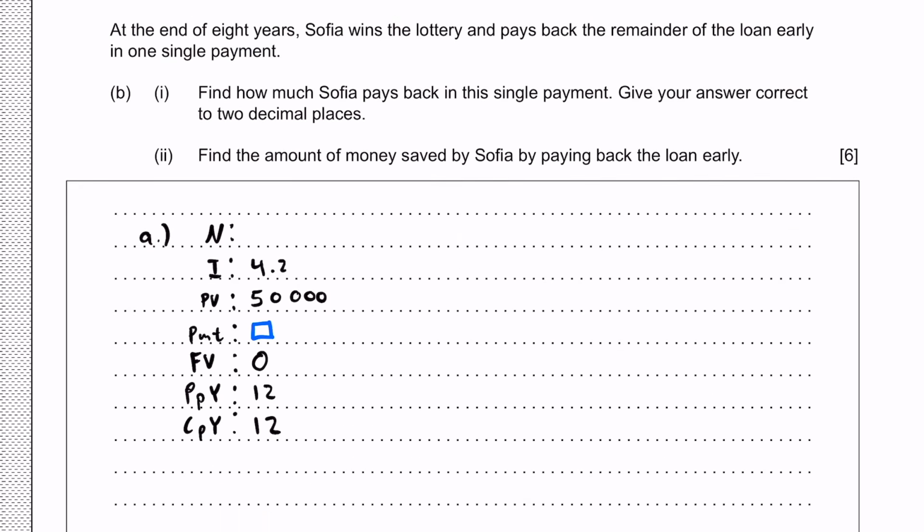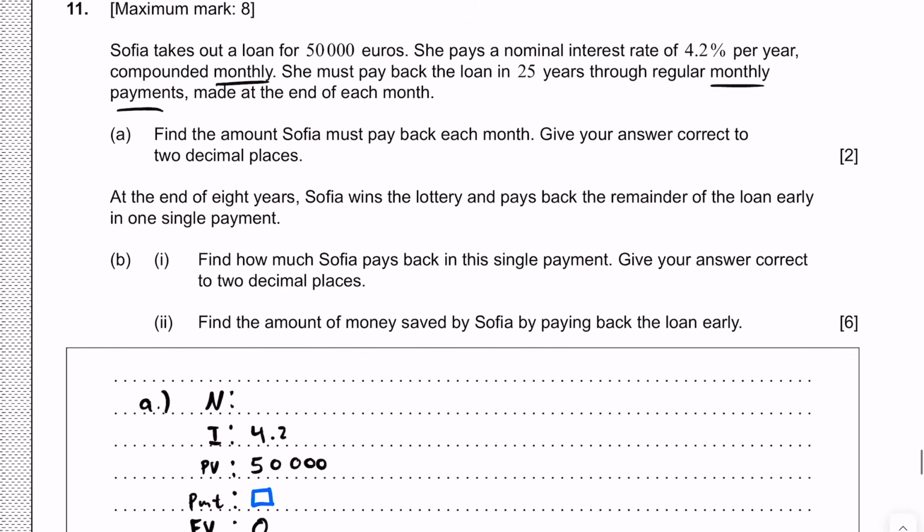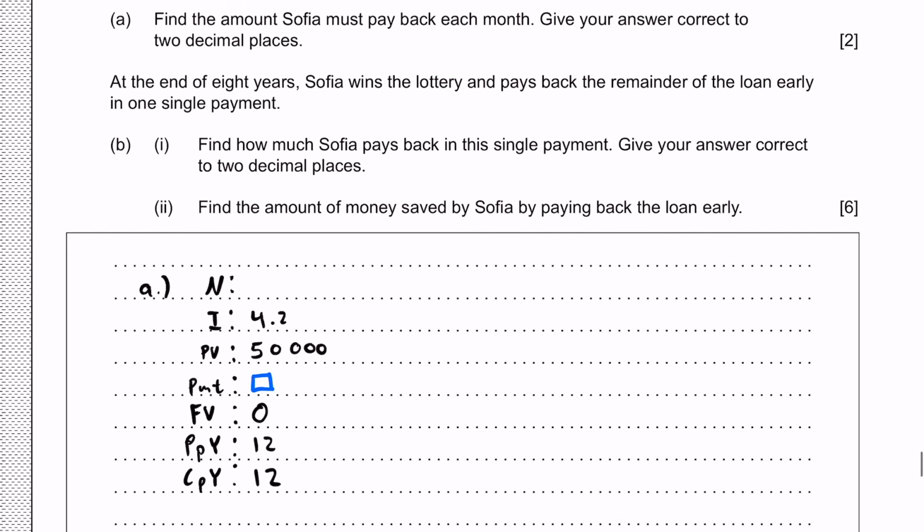All right, so N refers to the total number of payments. It's a 25-year loan, and she's going to make monthly payments. So N is always connected with PPY, payments per year.